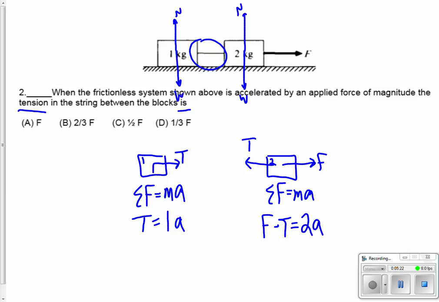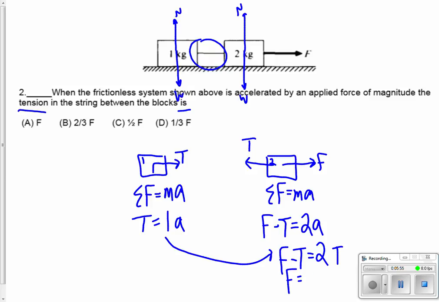So I want a to go away. If T equals 1a, then a has to equal T over 1 kilogram, or a equals T. So I can plug that in over here, and I could say, okay, a equals T, so F minus T equals 2T. Okay, now we can solve.